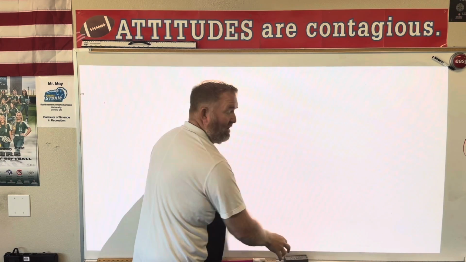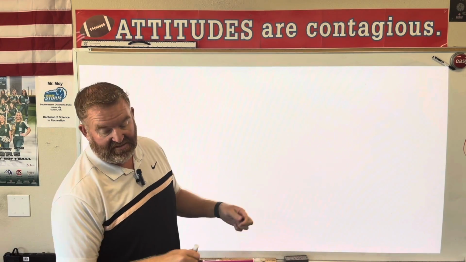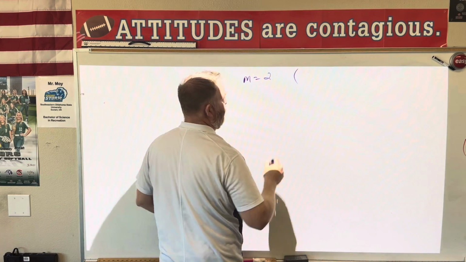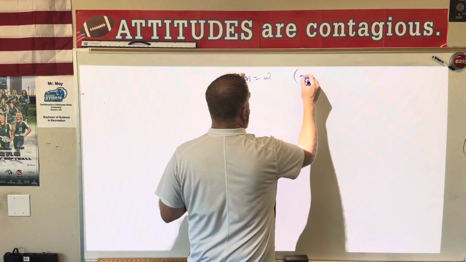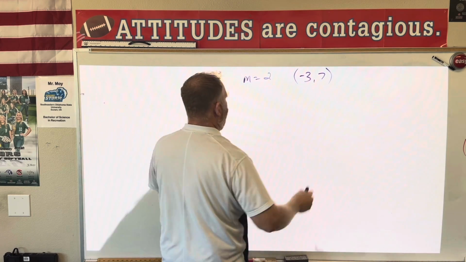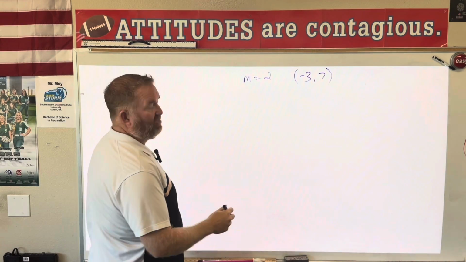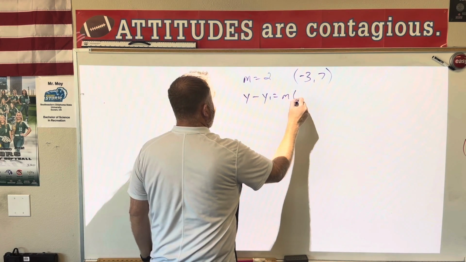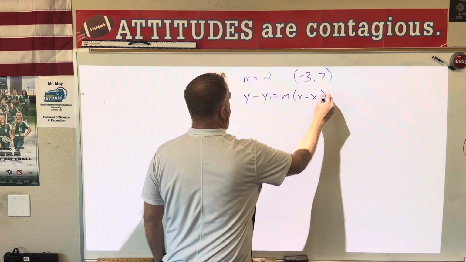They're going to give you a point and a slope. You have to put it in point slope form. So let's say your slope is 2, and the point they give you is -3, 7. Okay? Well, my equation, we did this the other day. Y minus y1 equals m parentheses x minus x1. Okay?